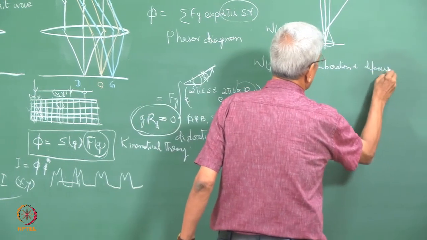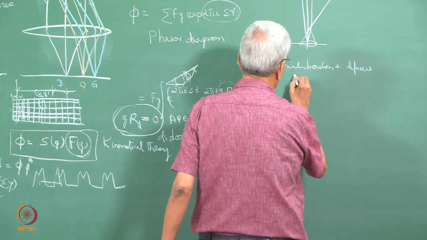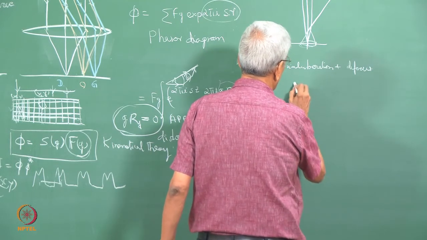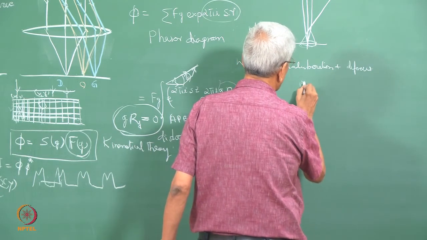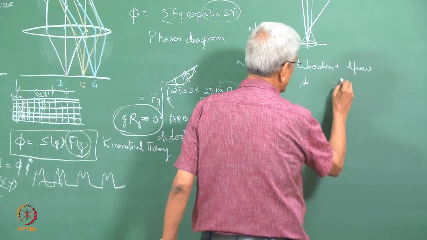Spherical aberration gives rise to some path difference, and the defocus adds an opposite path difference.